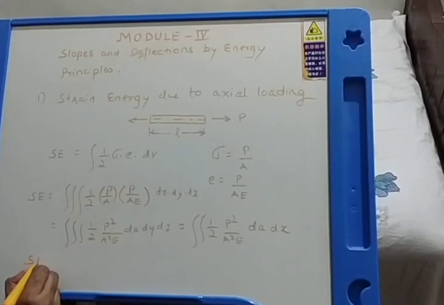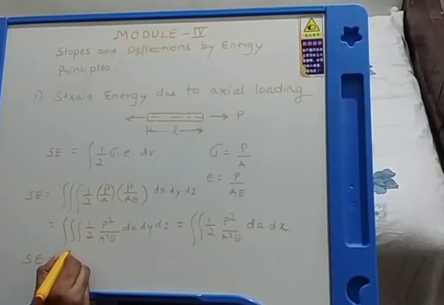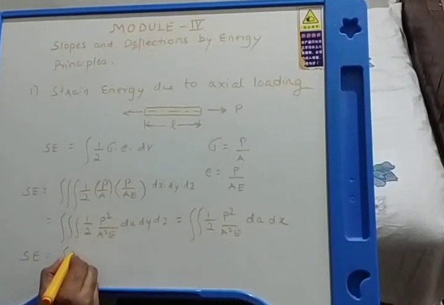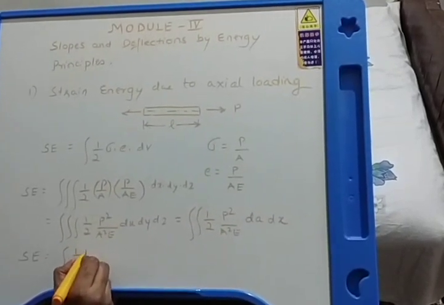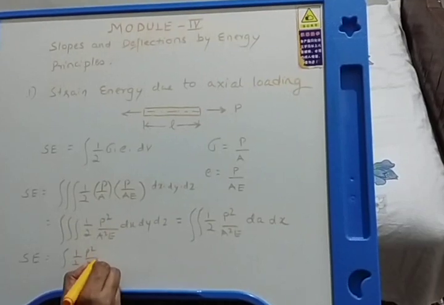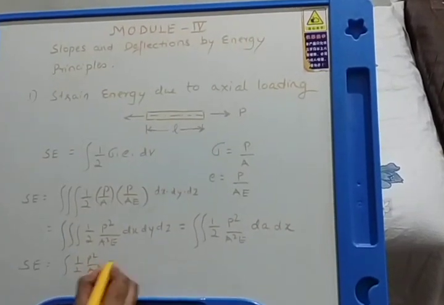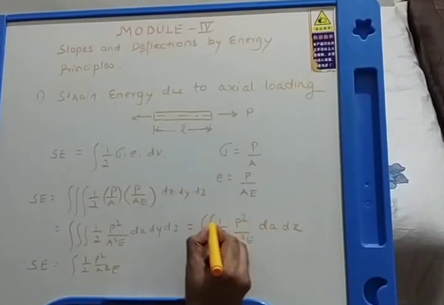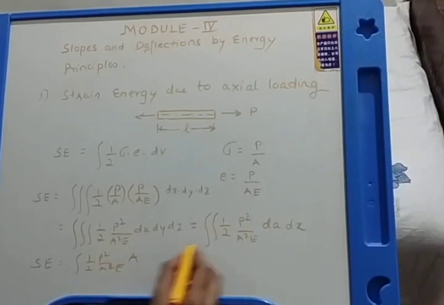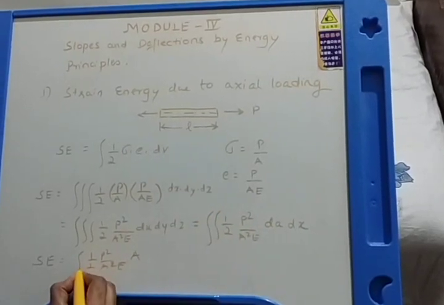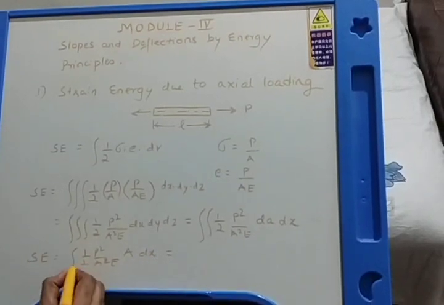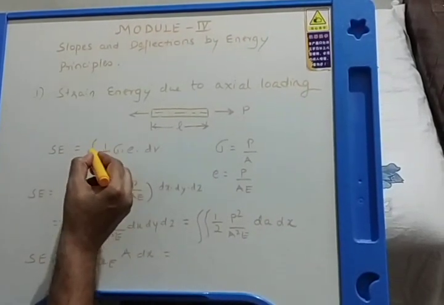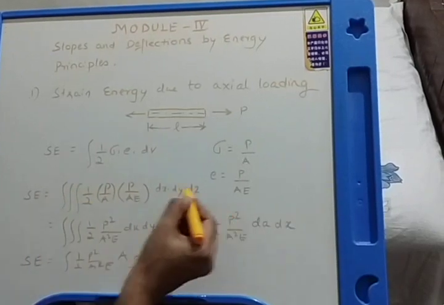Now look here again, strain energy integration half p square upon a square e. Now integration dA, one integration dA is a, so that means one integration is gone, only one integration is left, dx. So this is nothing but, we have come out now after taking out the integration signs.